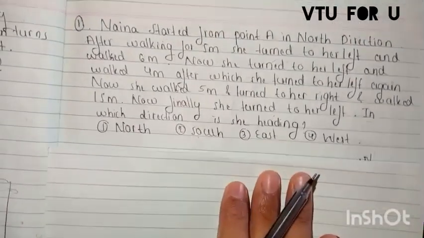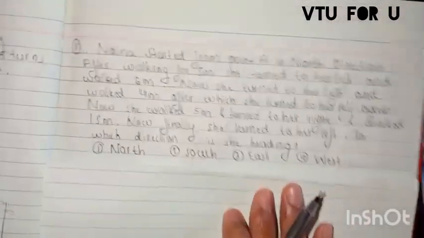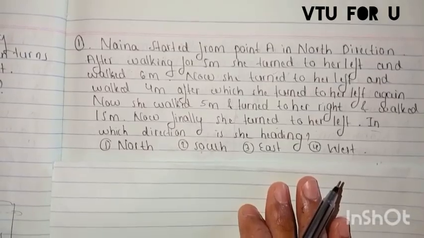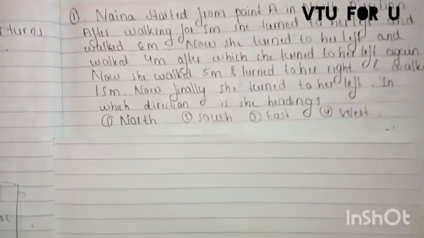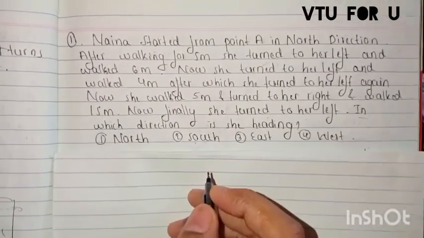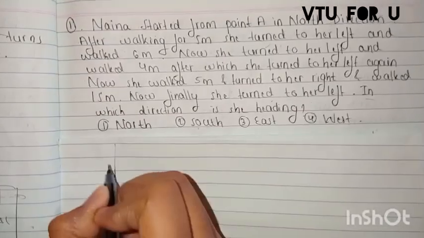This question is very lengthy, I know, but the process of answering is very easy. Please don't be afraid of the questions before reading, understanding and analyzing them. Okay, so they are telling Naina started from the point A. First of all, we should know this main important thing.